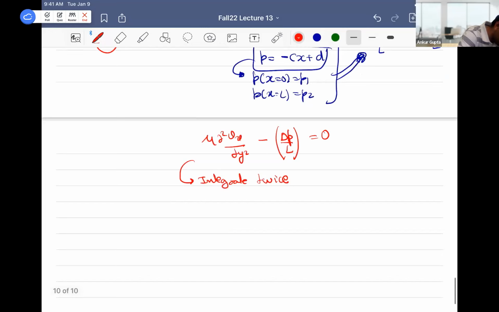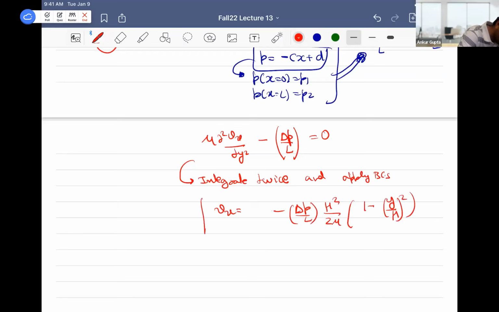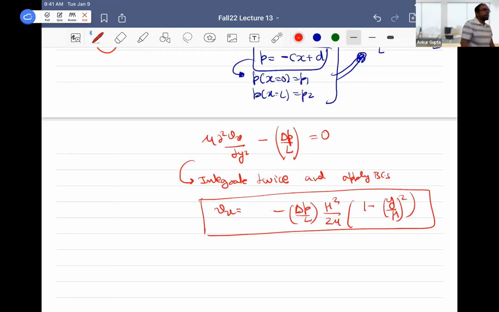Integrate this twice and apply the boundary conditions, and what you will get is Vx equal to minus delta P by L times h square by 2 mu, into 1 minus y by h whole square. Okay, so this is what you will get as your final result.